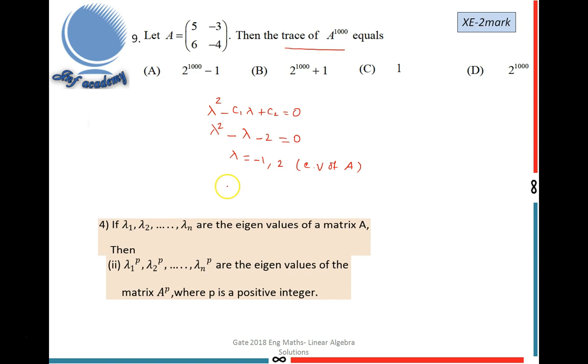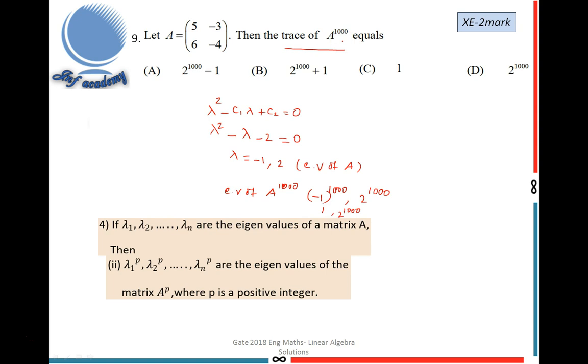So by using that property, I can write the eigenvalues of A power 1000 are (-1) power 1000, comma 2 power 1000. That means (-1) power 1000 is +1 because this is an even number, and the other is 2 power 1000 only.